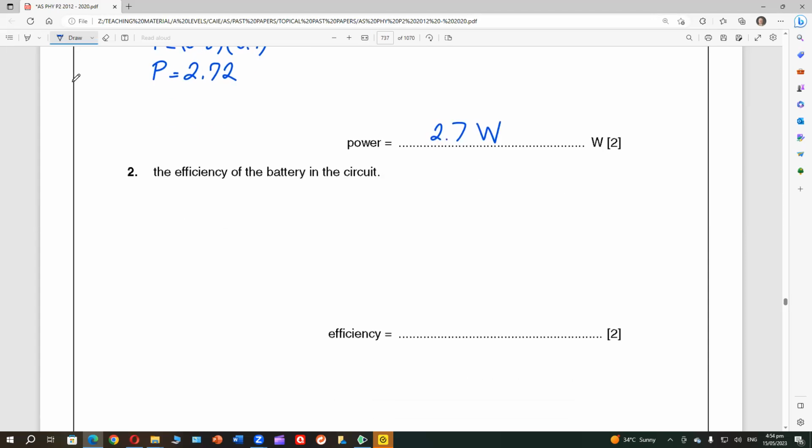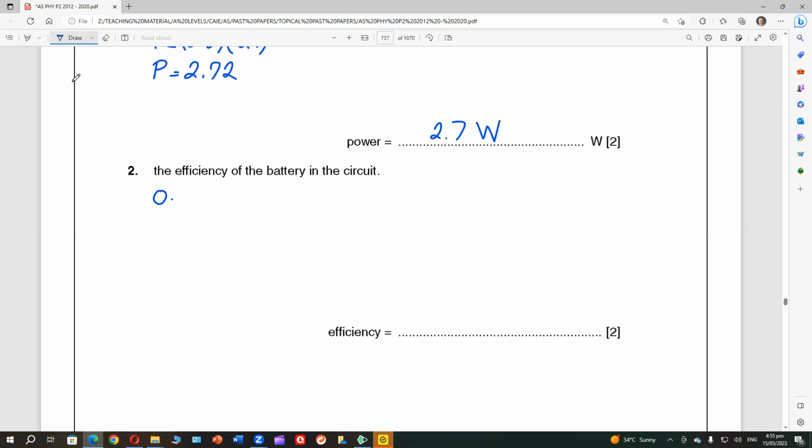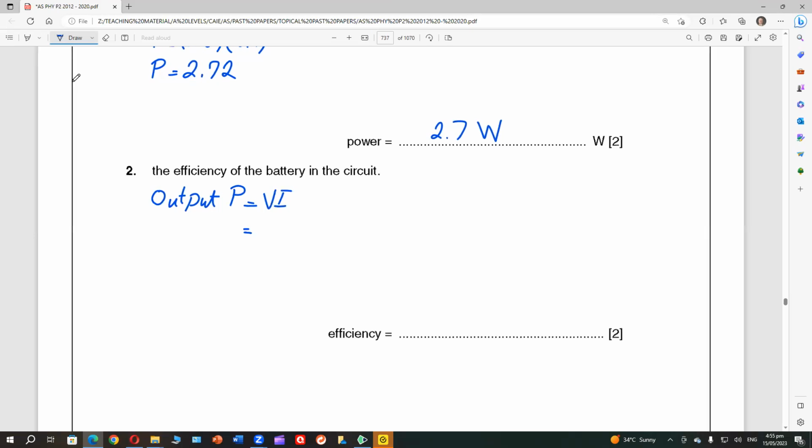The efficiency of the battery in the circuit. Output power, terminal PD was 6.